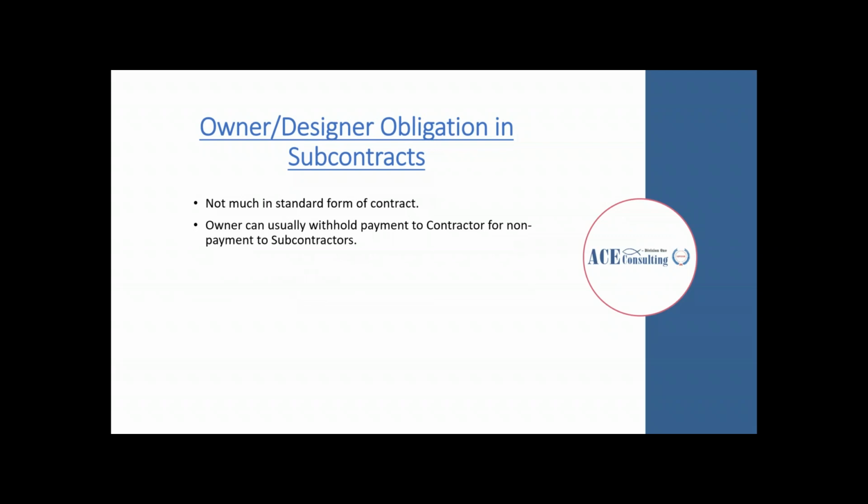There's not much to go off of with standard forms when it comes to the owner's relationship with subcontractors. In a worst case scenario, the owner can withhold payment to the contractor if they refuse to pay their subs.